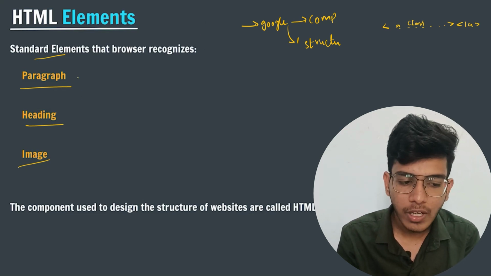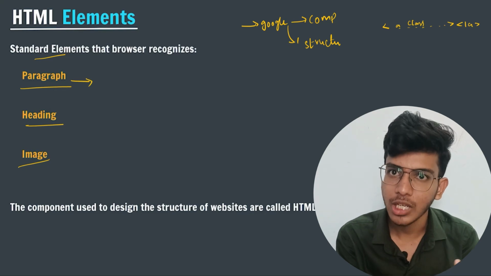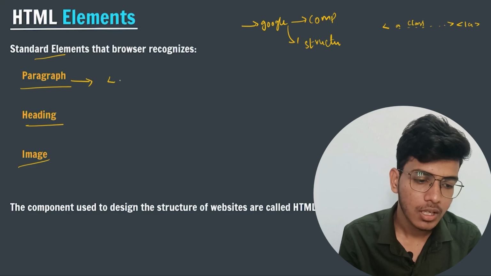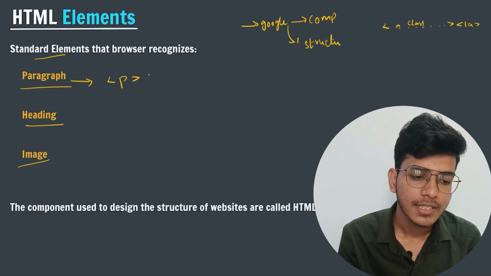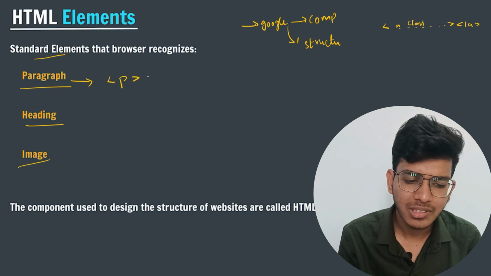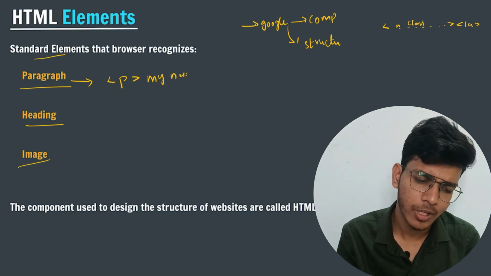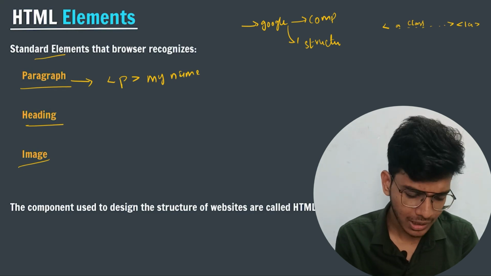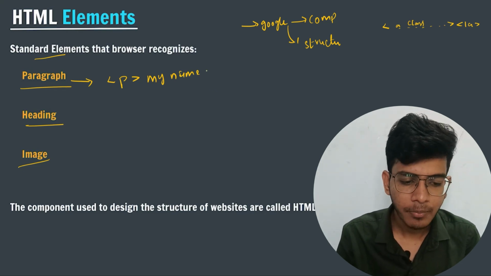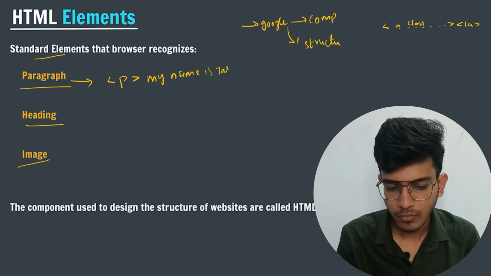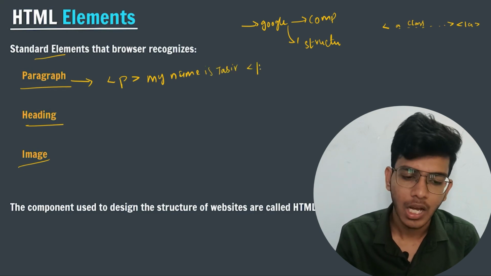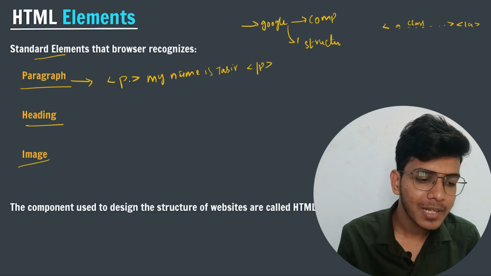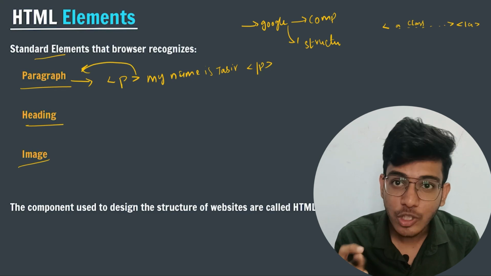For example, if I want to write a paragraph in my HTML page, I will write angular bracket P closing bracket, and then write, my name is Jabir, as I want to display this in my web page. I will show you later how we create our web page. Then I close my HTML tag with slash P, and this represents the paragraph in my HTML web page.